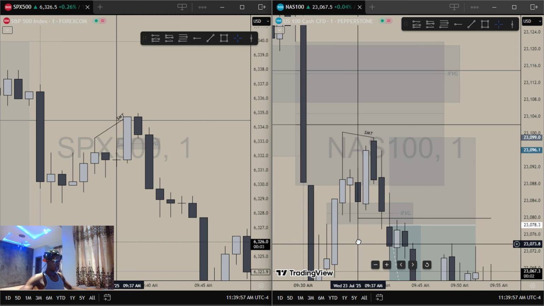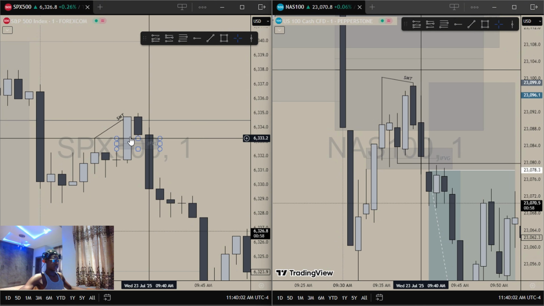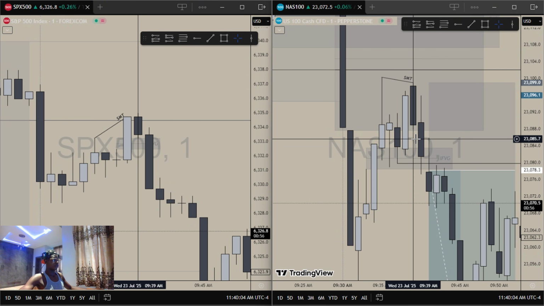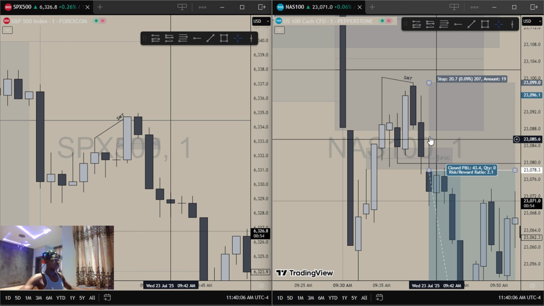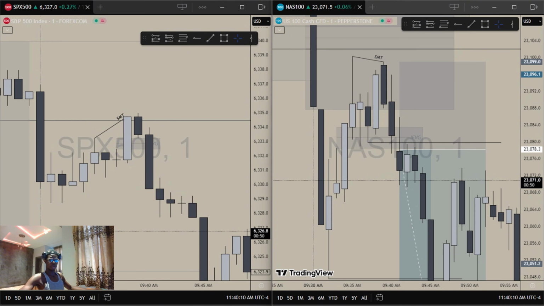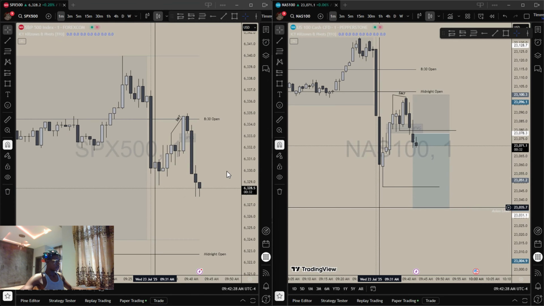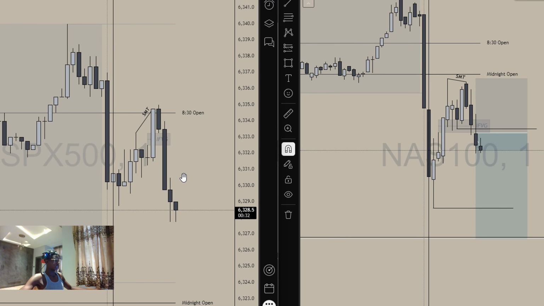So on seeing that, all I needed price to do was inverse a fair value gap. As you can see here, we ended up inversing this fair value gap on the S&P, and on the NASDAQ we also ended up inversing this fair value gap. So look right here, let me bring up the screenshot. This was it right here. This was the time I wanted to take this sell trade.